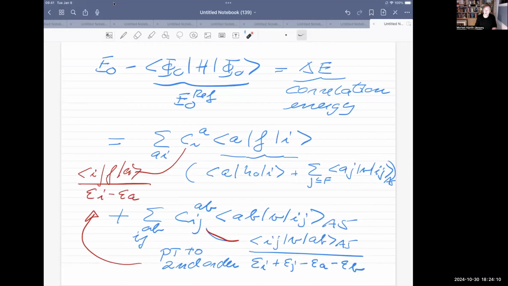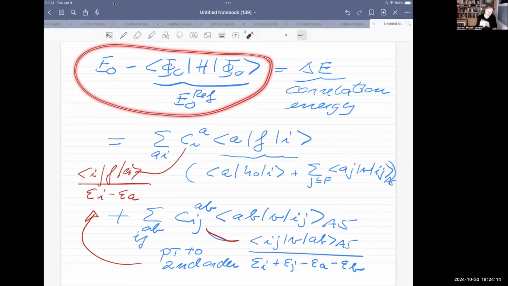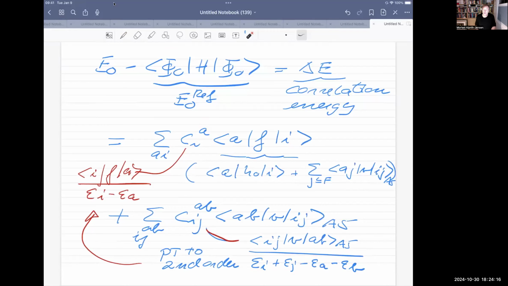And that means that we can then approximate the energy which you see here, this correlation energy, by different terms in perturbation theory. Now, it shouldn't be unexpected that if I can do perturbation theory to infinite order, I should recover the expressions which I would get if I diagonalize.